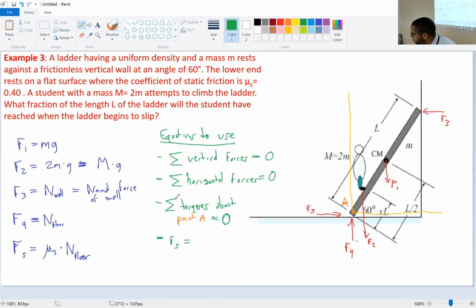Let me see. And that's going to be equal mu of S times N of F.